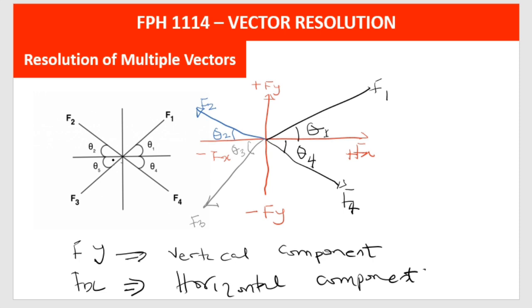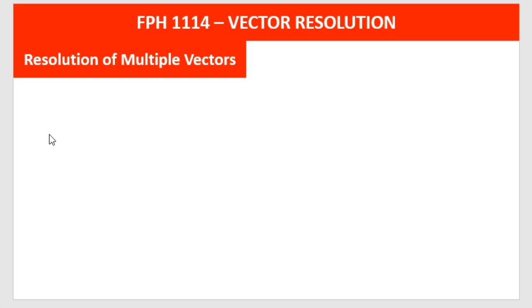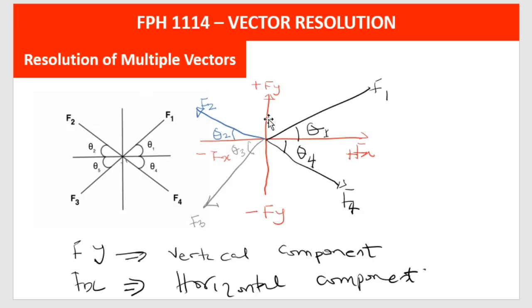So from the previous diagram, I want to pick from F1 first of all. So I want to draw a straight line from here to this point. So this line represents our Fy1.